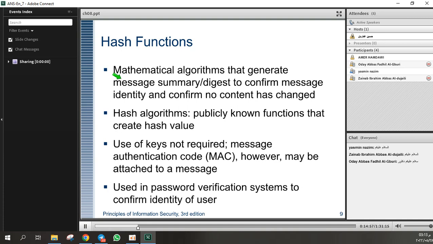Hash functions can generate message summaries or digests to confirm the message identity, the message integrity, and confirm that the message body has not changed, or if it has changed, we can prove that the text is changed.